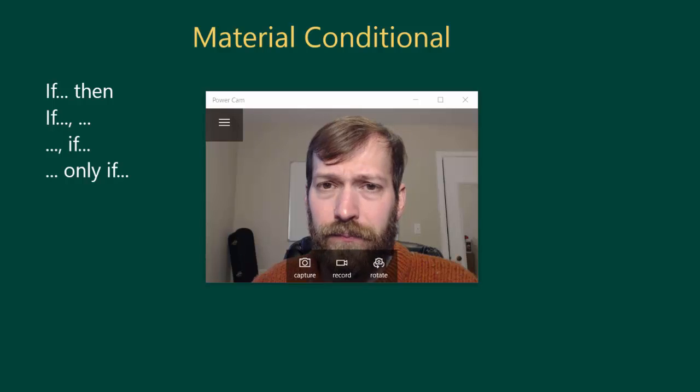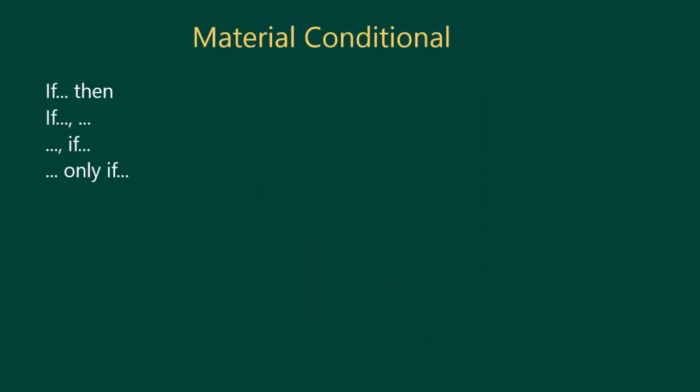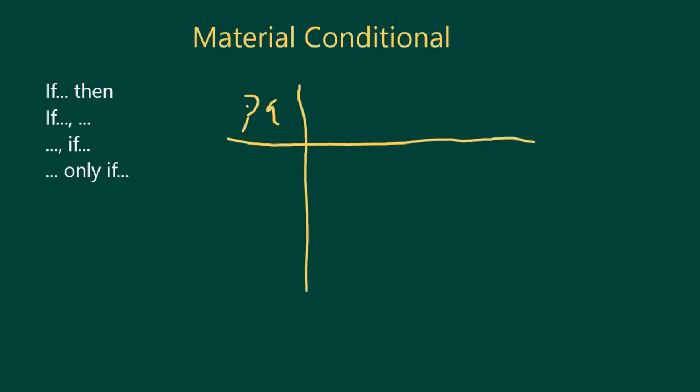So let me flesh this out for you with a truth table. Again, we're connecting two statements. It's a binary connective, so we have to worry about 4 situations. And these are each of my situations.